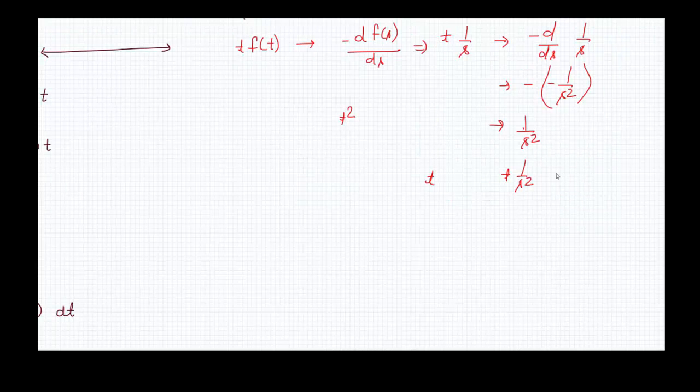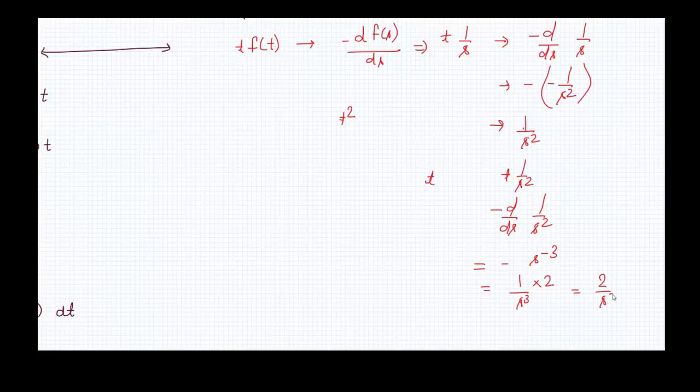Always write it in your rough work. So t means again minus d/ds of 1 upon s square. What will you get? Minus of s to the power minus 3, which is 1 upon s cube, but you will get 2 here. So it will be 2 upon s cube.